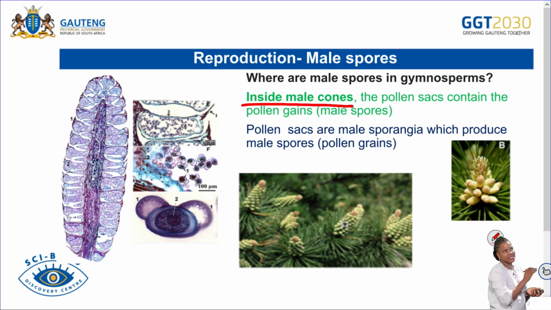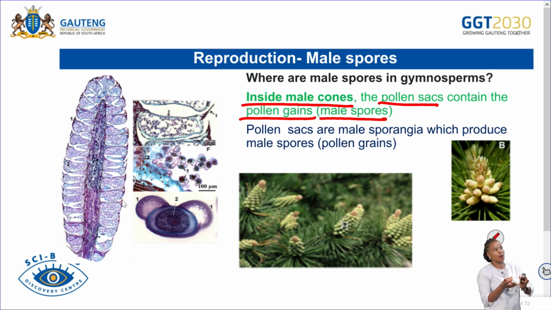The male cones. And then in the male cones, that's where there are pollen sacs, and then the pollen sacs are the ones that are containing what? Containing the pollen grain, and then the pollen grain is our male spores. And then what is happening now, the pollen sacs are male sporangium, which produce the male spores, or which produce what? The male pollen grains.